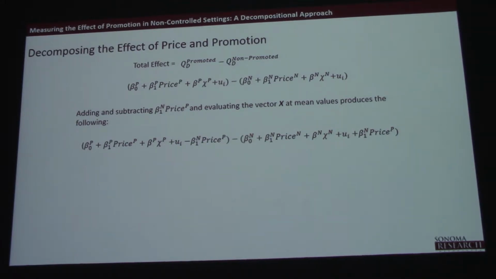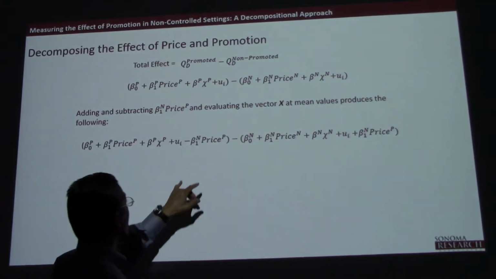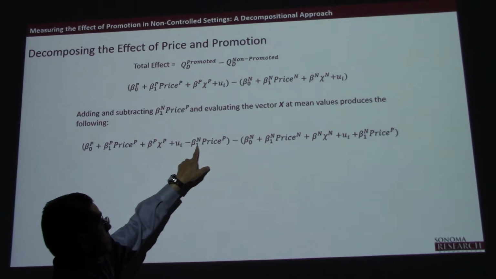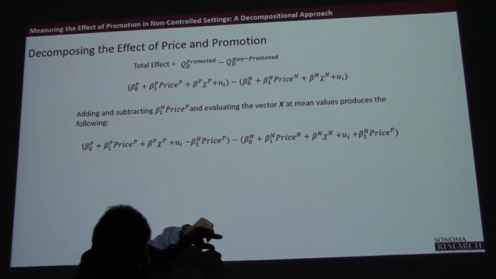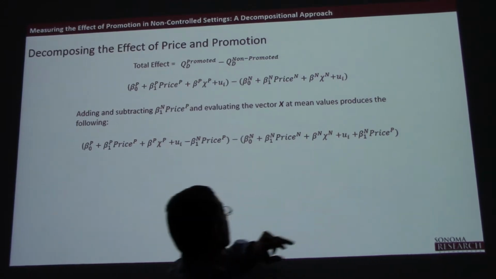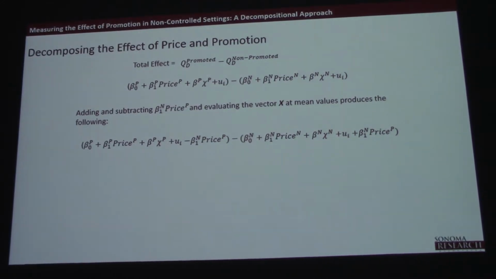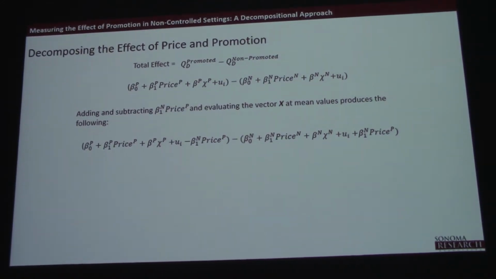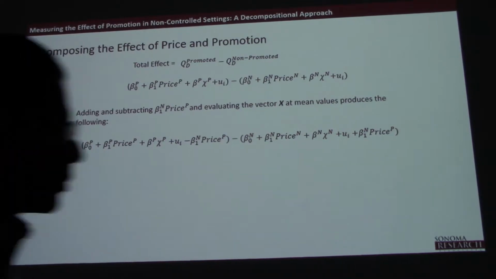So you can see here, promoted price along the non-promoted demand, and you can see here promoted price along the non-promoted demand. So we've added and subtracted it from each equation. So in essence, we've done nothing. But that's the key. That nothing step is the key to the decomposition.